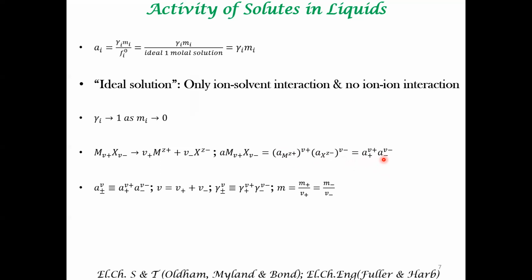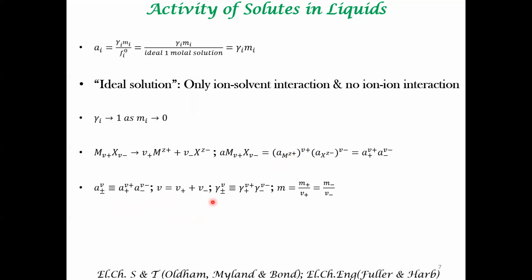With some further simplification, we introduce what is called the mean ionic activity of that salt. We say this is the mean ionic activity to the power nu. Nu is mu plus plus mu minus. You add both these terms, that is nu. And we write the mean ionic activity as this product.